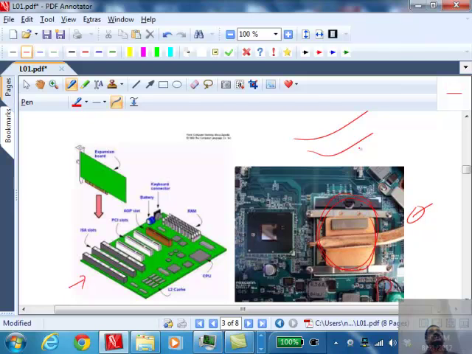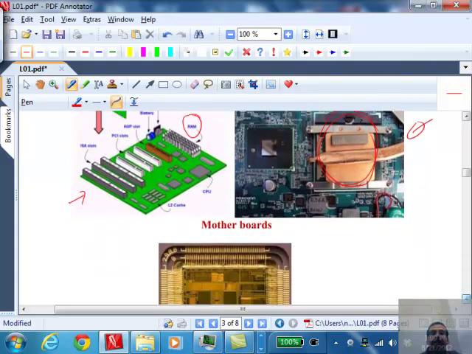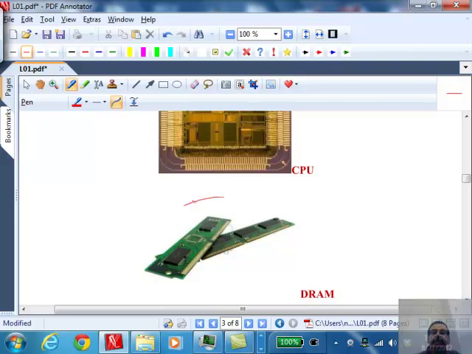So the central processing unit is the most important part, equivalent to our brain. And RAM, these are the positions where you store memory. So what is this? This is a memory chip. If you open the computer, you will find these chips inside.